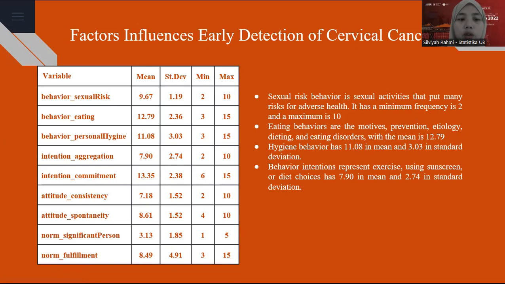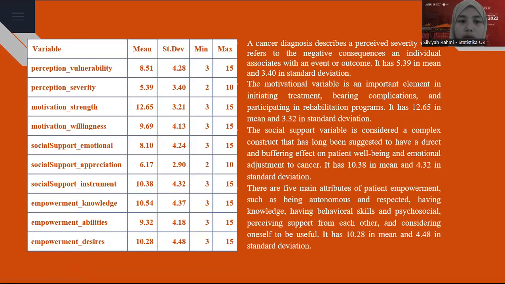And the fourth one, from the mean of the data 9.67, is behavioral sexual risk. Behavioral sexual risk is activity that puts many risks for adverse health, and the others are something like our habits, maybe eating behavior, intention of aggregation, and so on.